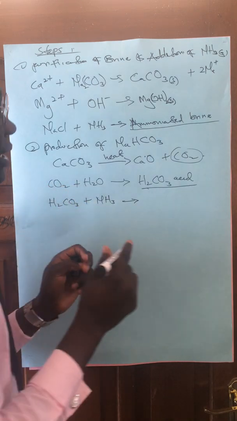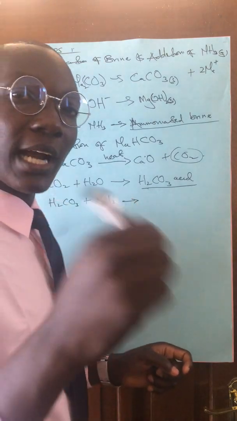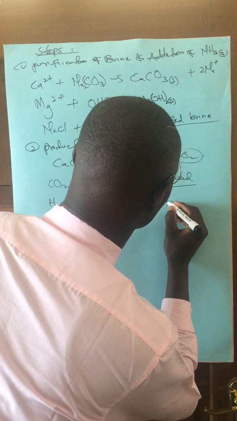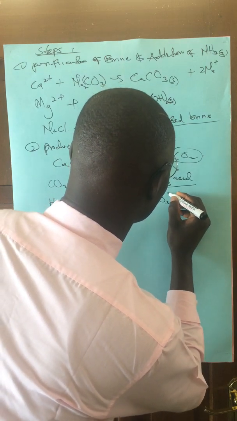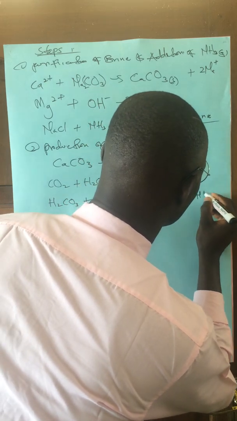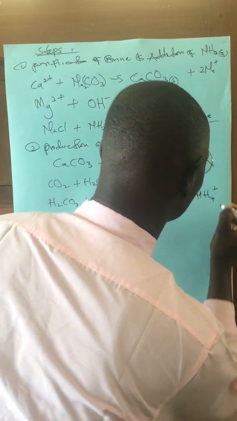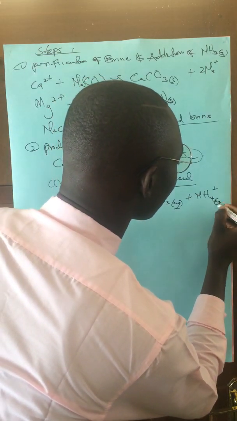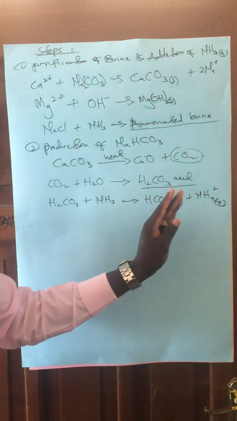So when weak carbonic acid reacts with ammonia gas, we are going to produce hydrogen carbonate ions and ammonium ions.